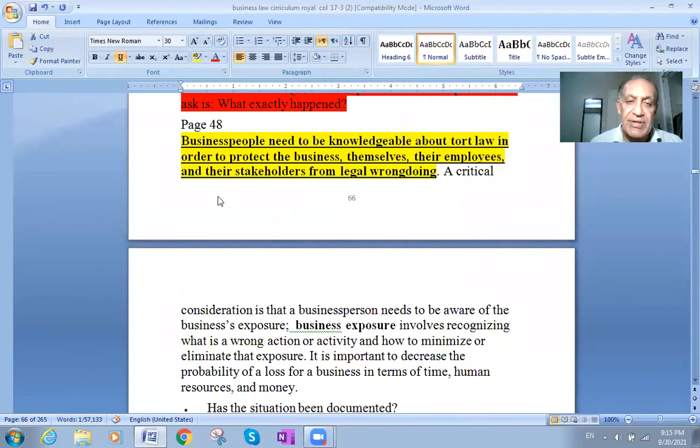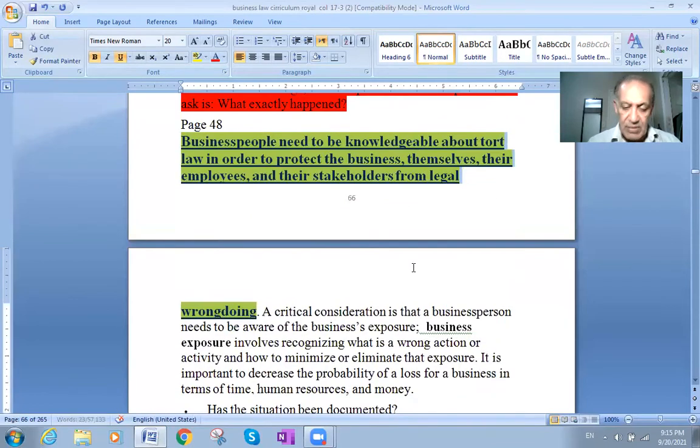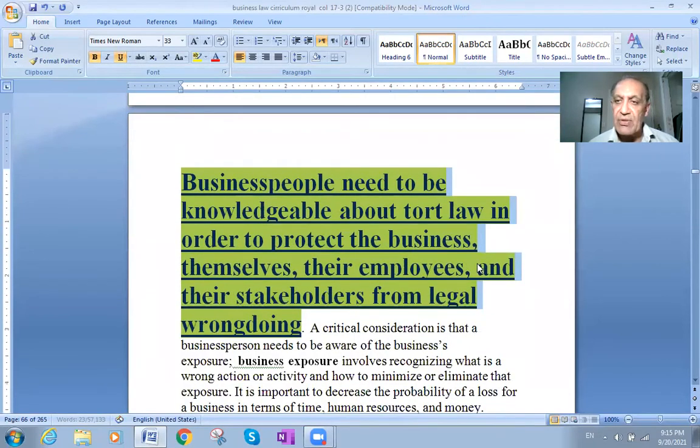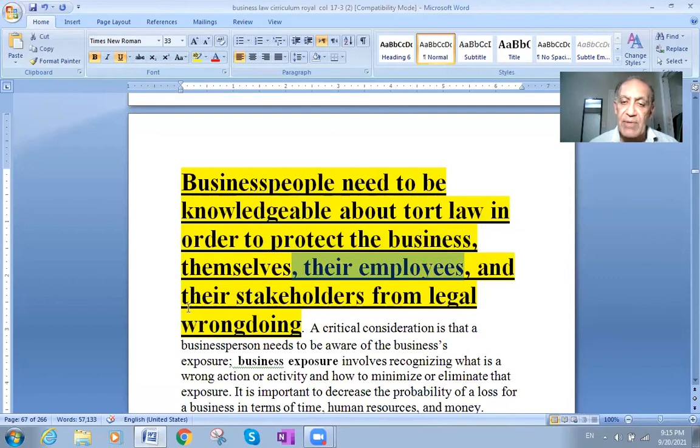Also, we need to know this. Businesses need to be knowledgeable about tort law in order to protect the business. So I must know about tort. As a businessman, I have to be aware of tort law in order to protect the business, its employees, and the stakeholders from legal wrongdoing.